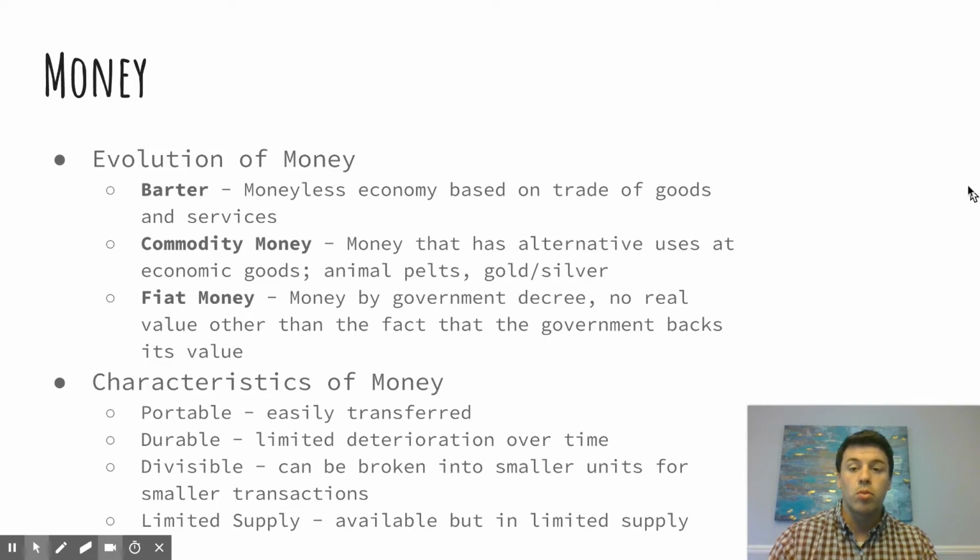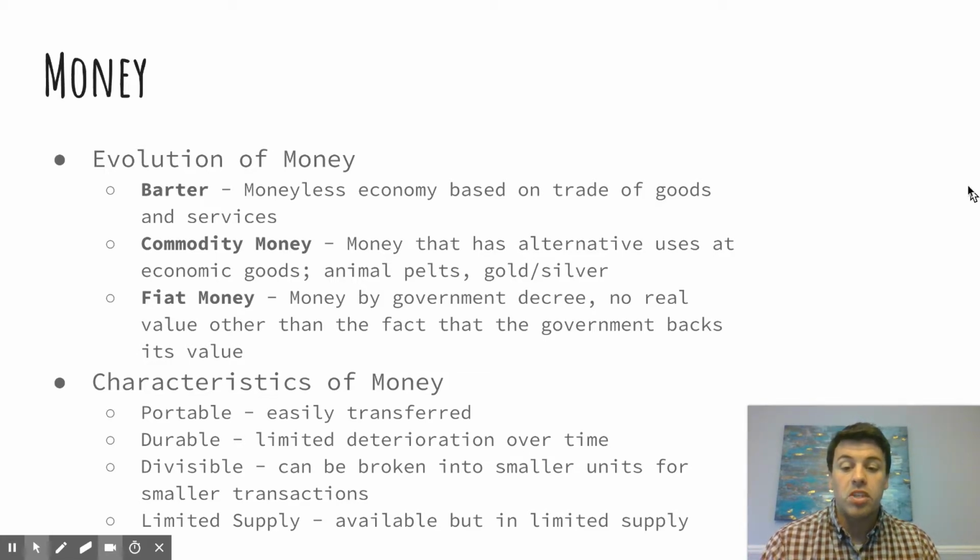So we're removing the deteriorated money and putting in new money in place of it. Divisible, it can be broken up into smaller units to make smaller transactions happen. That's a big deal especially with something like a barter economy or even a commodity economy, where you're trying to match things up as equal, and it's difficult to do if you can't divide things.